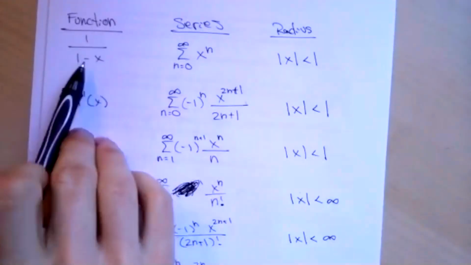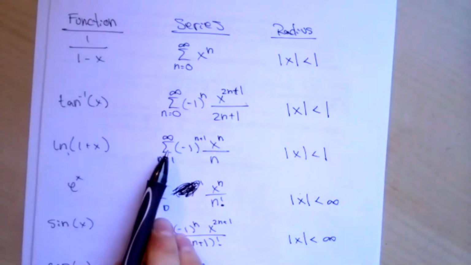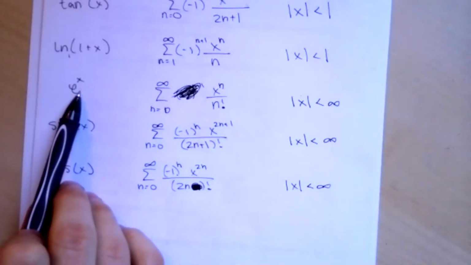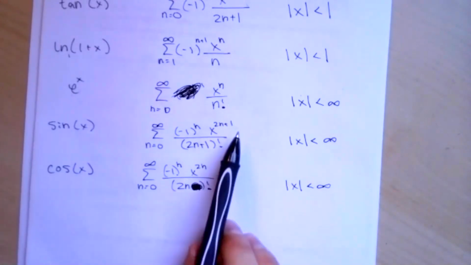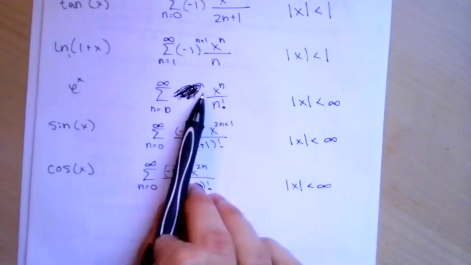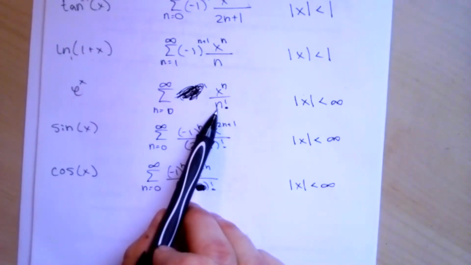We used this function to come up with arctan and natural log. If you take complex analysis, you'll actually see why e to the x, sine, and cosine are related. If you look at these series, they're all very similar. This is x to the n over n factorial, so it has all powers of x, and all the denominators are just n factorial.